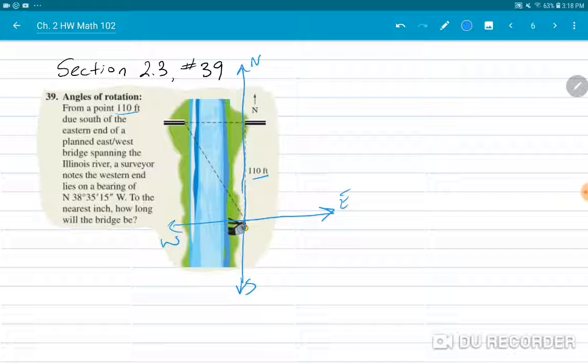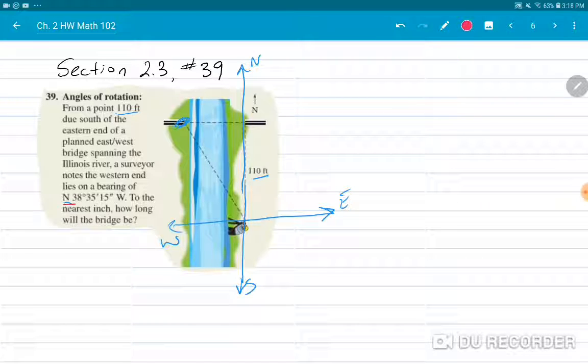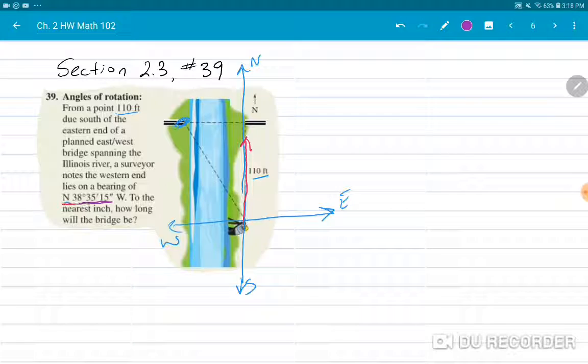A surveyor notes the western end, that's this end over here, lies at a bearing of, so I'm going to start with here. So I have north, that means that's my initial, so I start with N, so that's the initial side of the angle, and then I turn west, that much.